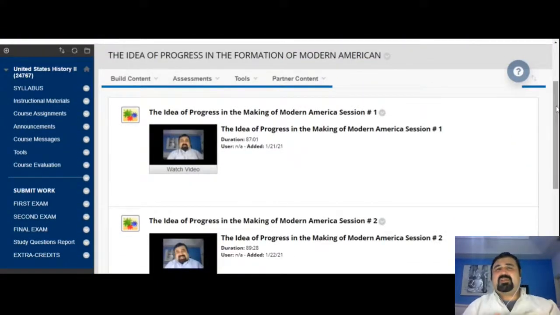Your responsibility is to be watching each one of them, and be taking notes as thoroughly as possible, because all of the exams are going to be based on the lectures. Okay, exclusively 100%. So if you're wondering, how am I going to prepare for the exams? Am I going to be reading articles and books?